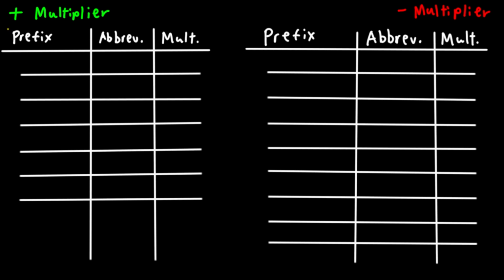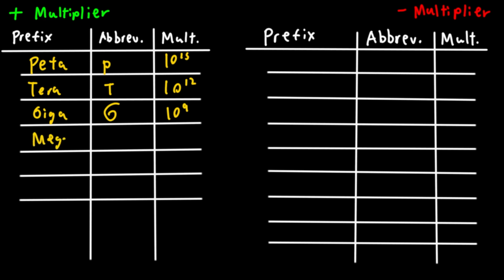Now let's discuss the positive multipliers. We're starting off with peta, which is abbreviated as P, which has a multiplier of 10 to the power of 15. Tera is abbreviated with T and has a 10 to the power of 12 multiplier. Giga is abbreviated with G and has a 10 to the power of 9 multiplier.